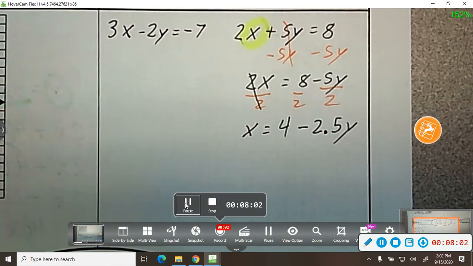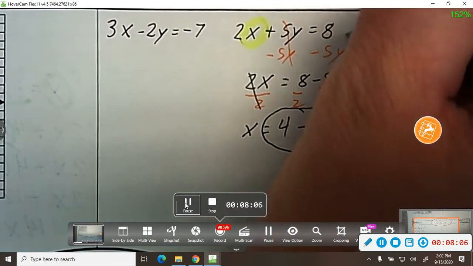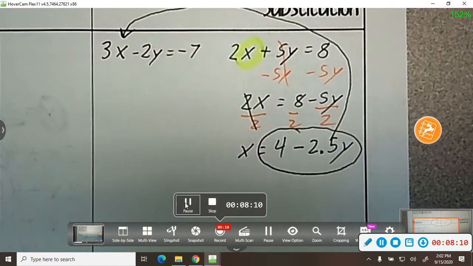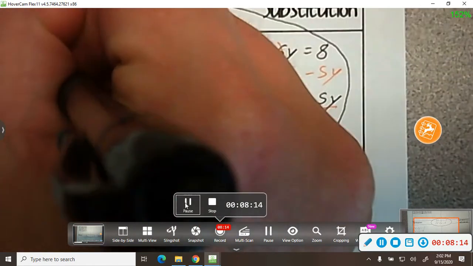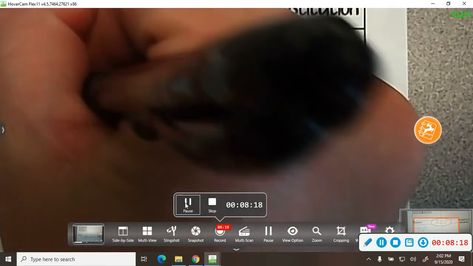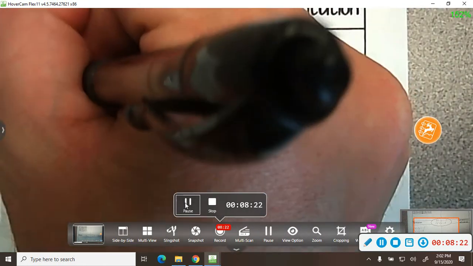Now from there, I'm going to take this and plug it into my other equation for x. And I'm going to borrow some space because I'm going to need it. 3 times, and I know x is 4 minus 2.5y.